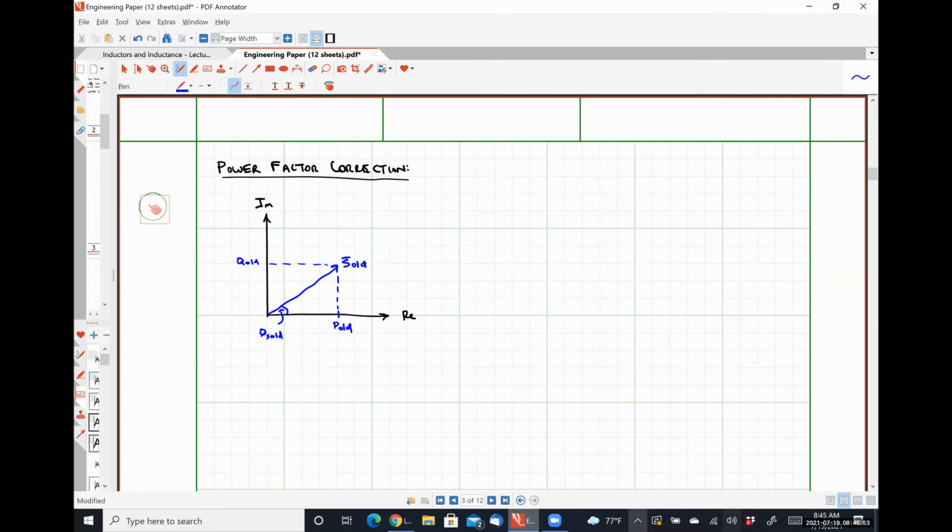Right, so it needs to be smaller because by definition, power factor is cosine of theta V minus theta I, or cosine theta S. So if we want the power factor to increase, we want the angle theta S to be closer and closer to 0, right? Because cosine of 0 is 1, and then it decreases as the angle gets larger and larger. All right, so we need to decrease this angle.